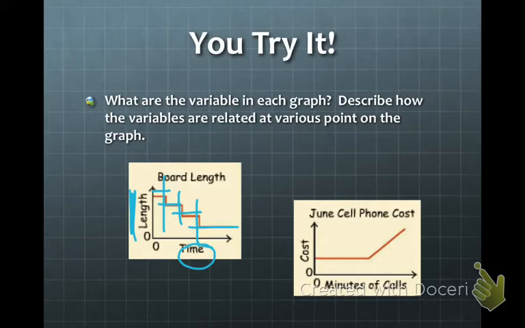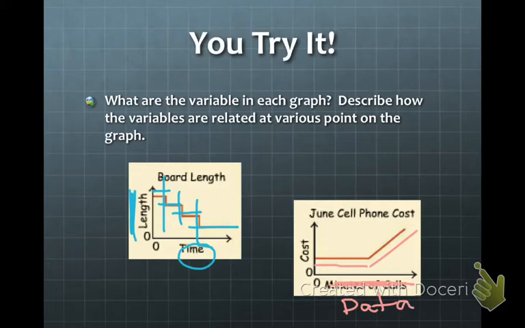So you're probably using a circular saw, cutting off a piece of the board and making it shorter. For the one on the right here, we have a cell phone bill, and the cost is the same, and then it increases. So we can relate this more to, instead of minutes, what if we called this data?